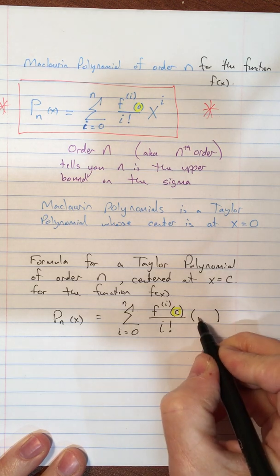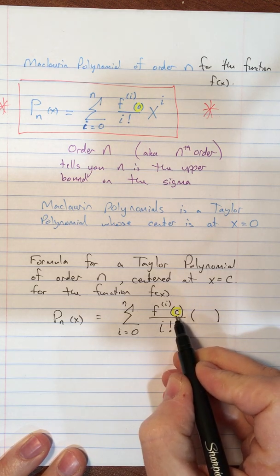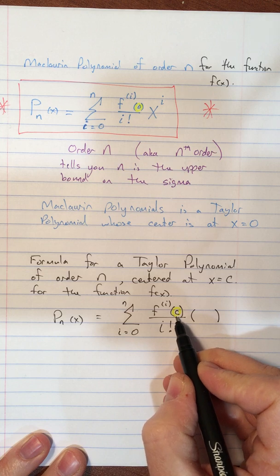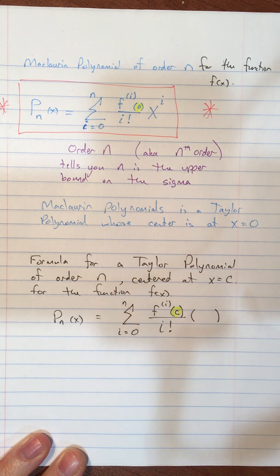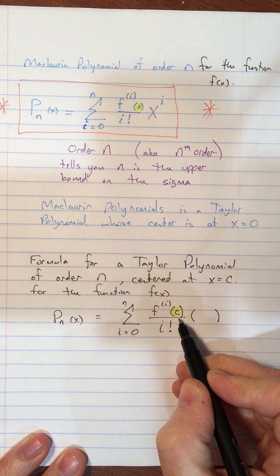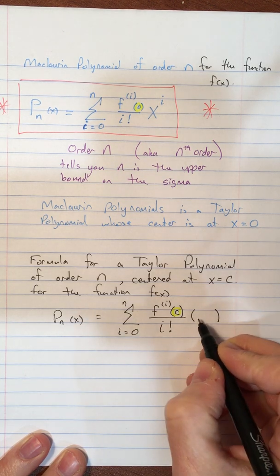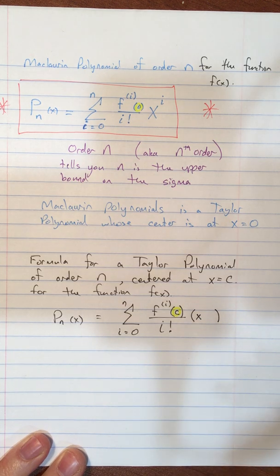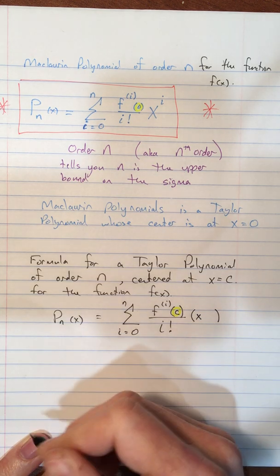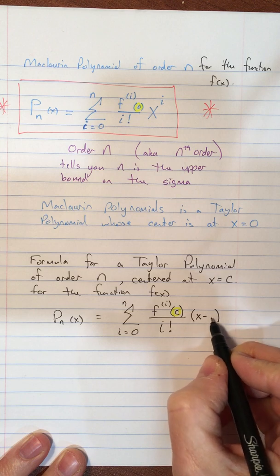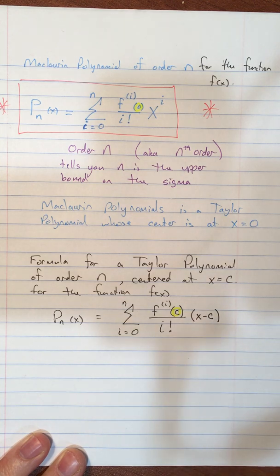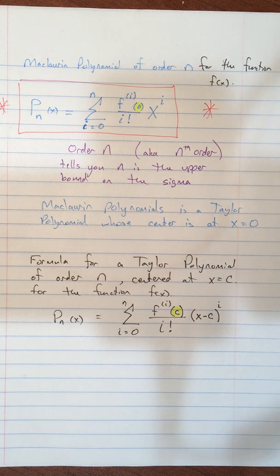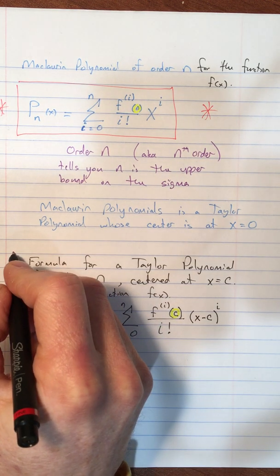And so what happens is if we move c units to the left, then I would end up with an x plus c. If I move c units to the right, I'd end up with an x minus c. So if we allow c to be both a positive number, meaning we're moving right, or a negative number, meaning we're moving left, then just simply using this expression will always work. And so this becomes our formula for a Taylor polynomial.